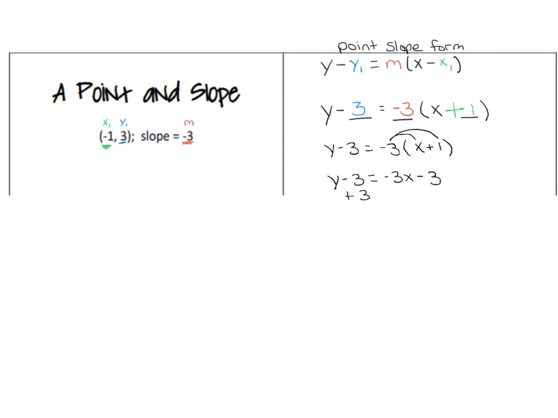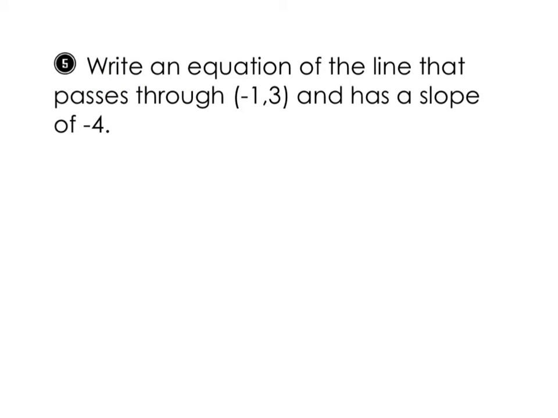And I want to add 3 to both sides, and I get y equals -3x, in this case, plus 0, which is the same as y equals -3x. Here's one for you to try. First, get it into point-slope form, and then get it into slope-intercept form.